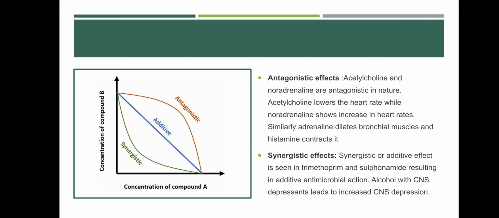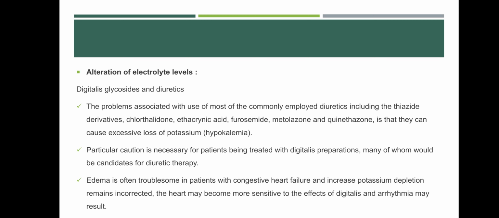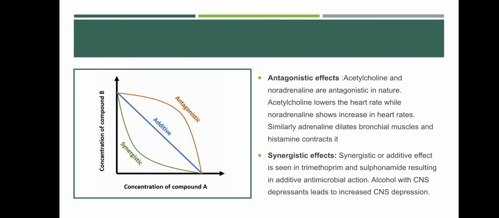Next is the synergistic effect. The synergistic or additive effect is seen with trimethoprim and sulfonamide, which leads to additional antimicrobial action. Another example is alcohol with CNS depressants, leading to increased CNS depression. Means when medications A and B are used together, this will lead to an additive effect.